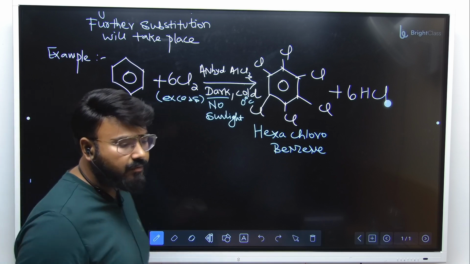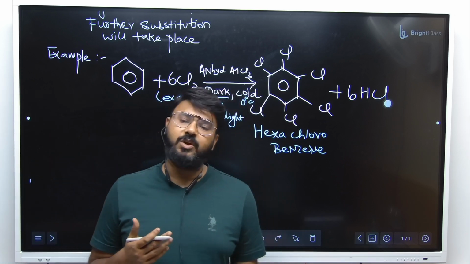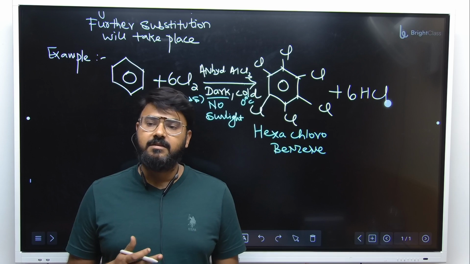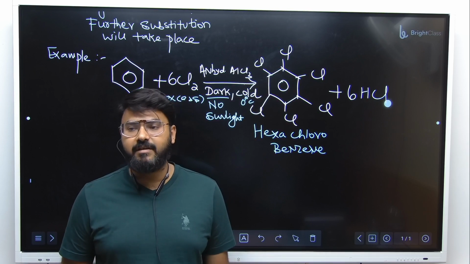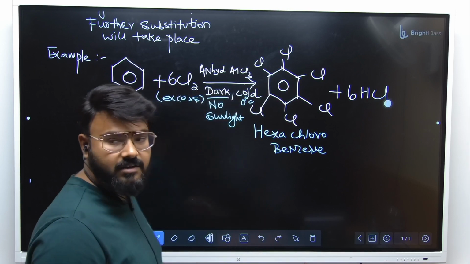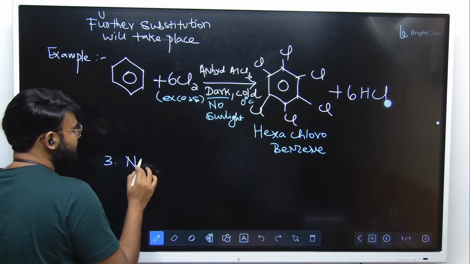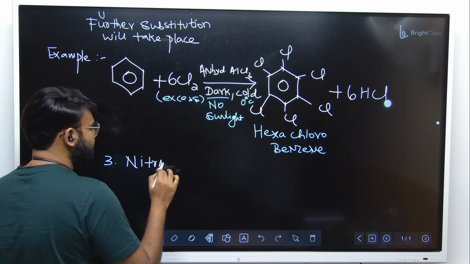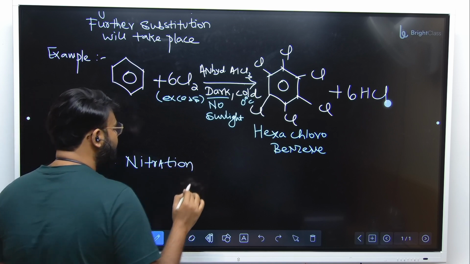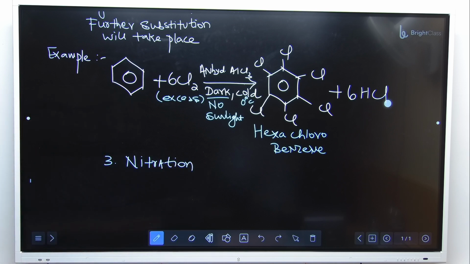So as of now, we have learned alkyl halide, Friedel-Crafts alkylation, Friedel-Crafts acylation. Now give nitration. So the third reaction you will learn is nitration. Guys, give the headline. For the third reaction, what is that? Nitration. All of you write a note.